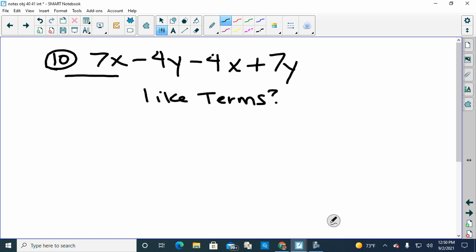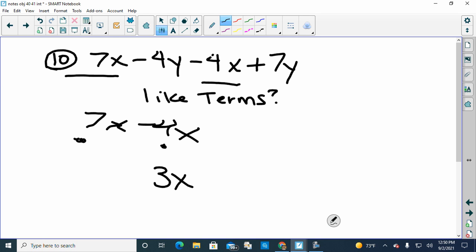So the x's are the same. Okay, so we're going to combine 7x and a minus 4x. Remember, we don't do anything with the variables. Okay, they just help me group to know which ones are the same. I only add and subtract the numbers that are in front. So 7 minus 4 would give me a positive what? 3. So I have 3 x's. Not doing anything with the variables.